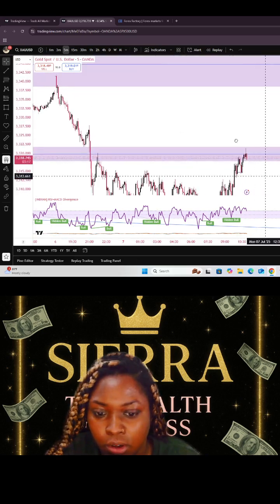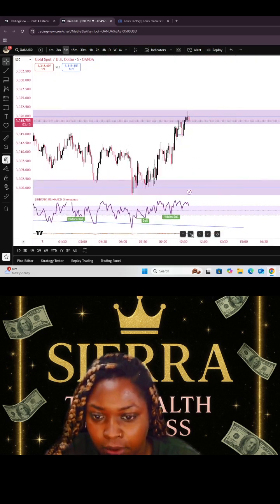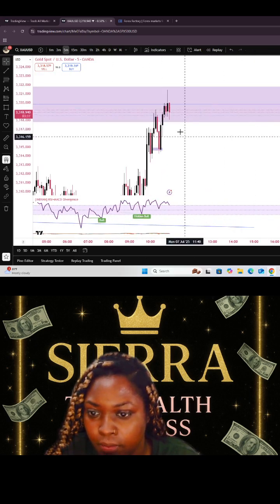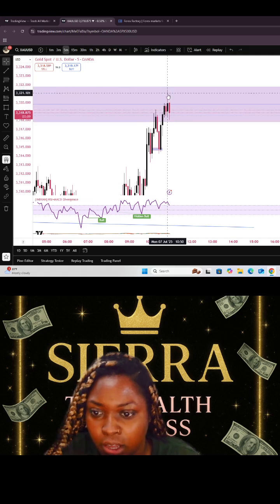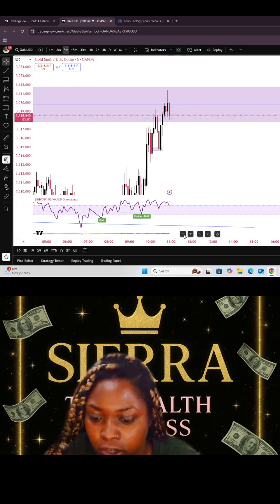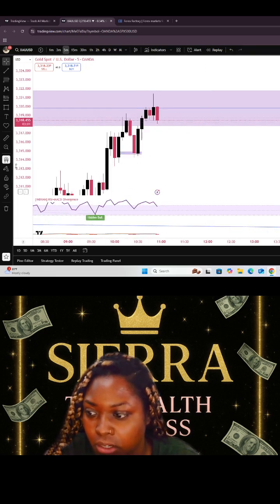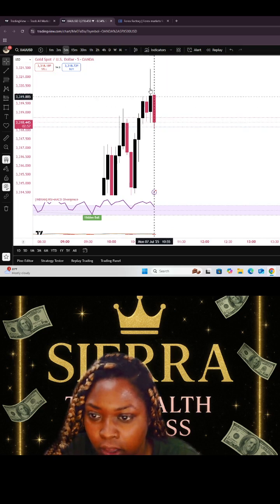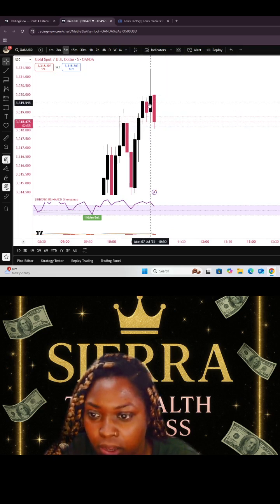All right, so gold came through our zone, right? It traded above our zone, and then it closed underneath the zone. This is a bearish engulfing candle. Let me zoom in so y'all can see it. I'm going to remove that zone real quick. This candle right here is a bearish engulfing, okay?